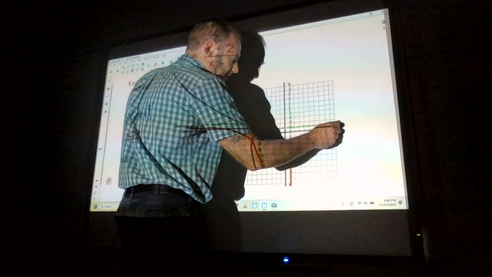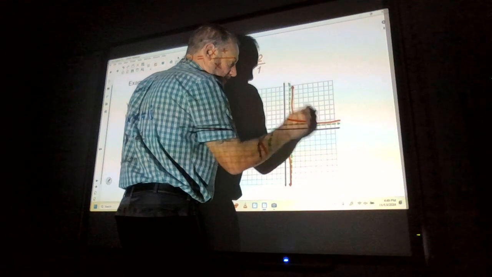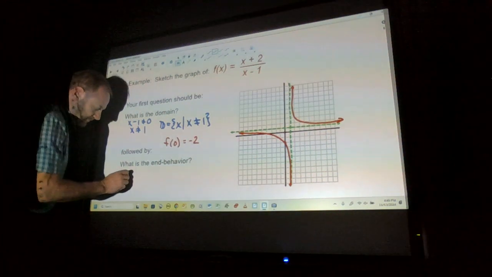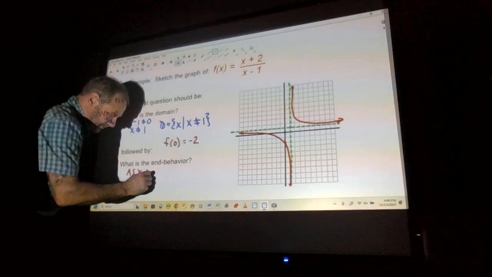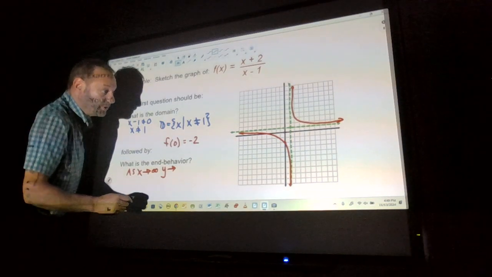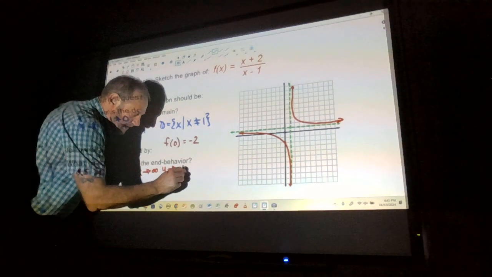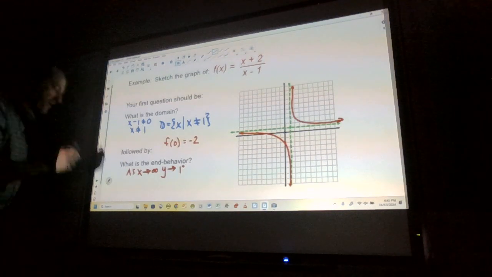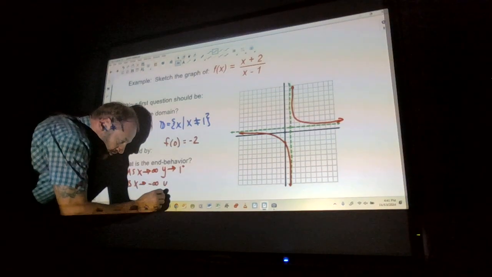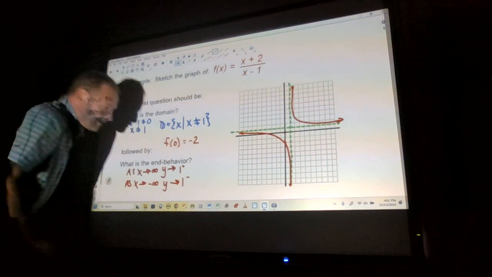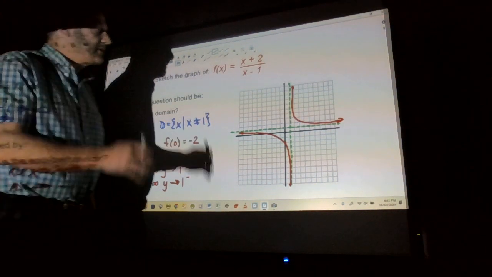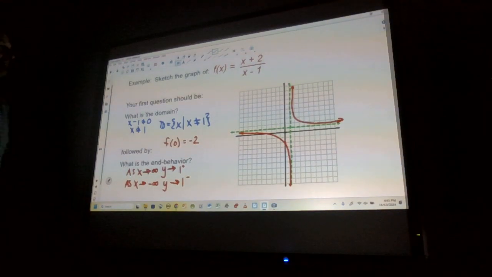And then over here it's going to do something like this. So the end behavior of this is as x approaches infinity, y will approach 1 from the top. And as x approaches negative infinity, y will approach 1 from the bottom. Okay? So there is my graph of my rational function.